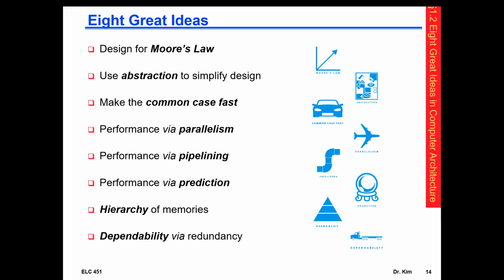So we're going to look at an instruction from the instruction set and see what are the resources that are being used by that instruction and which are the resources that are not. And the ones that are not, maybe they can be used by another instruction, and we can run two instructions in parallel. So that's a great idea that we're going to be discussing more, specifically in Chapter 4.